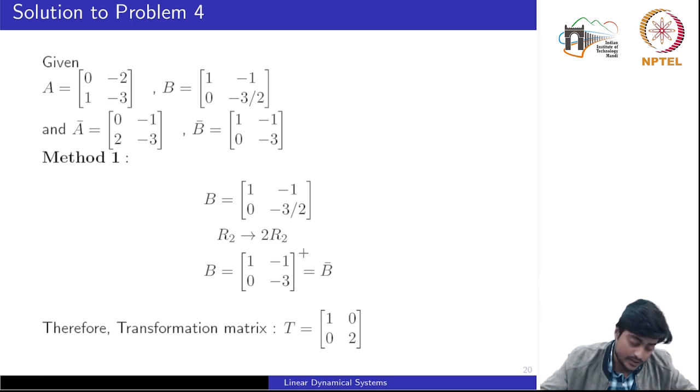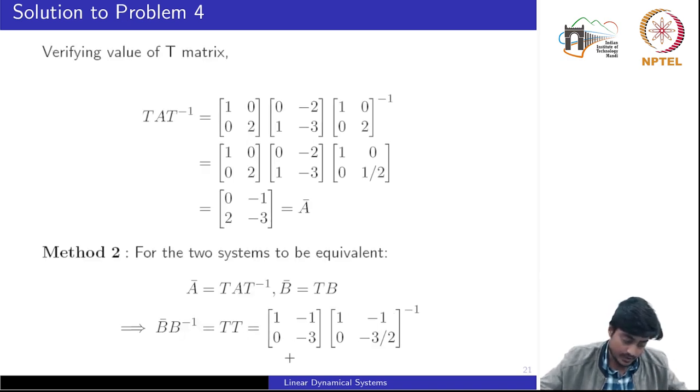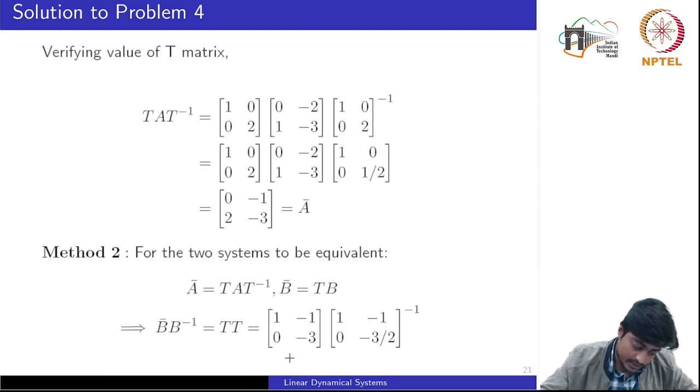You can also verify whether the transformation relation between the A and A bar matrices is also satisfied for this transformation matrix. This is done in this slide here, where we take the same T matrix multiplied by A, T inverse, which should be equal to A bar. After simplifying all these inverses and multiplications, we could verify that this transformation holds.